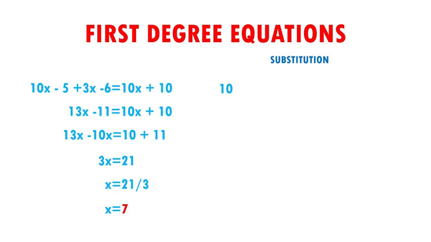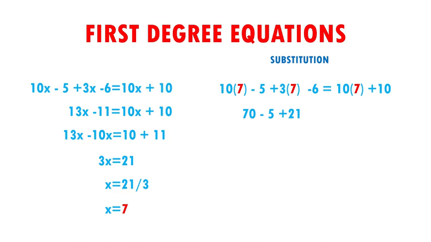I have that 10 times the value of x, which is 7, minus 5 plus 3 times the value of x, which is 7, minus 6 is equal to 10 times the value of x, which is 7, plus 10. When doing the operations, it looks like this. 10 times 7 is equal to 70. The minus 5 goes down, and 3 times 7 gives me 21.